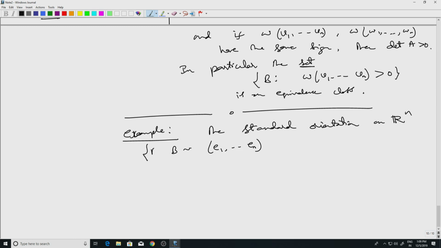The set of all B which are equivalent to this is given by the form dx1 wedge ... wedge dxn.